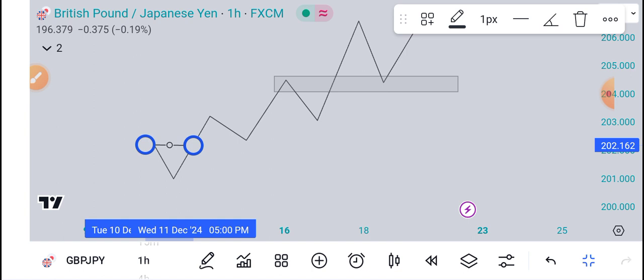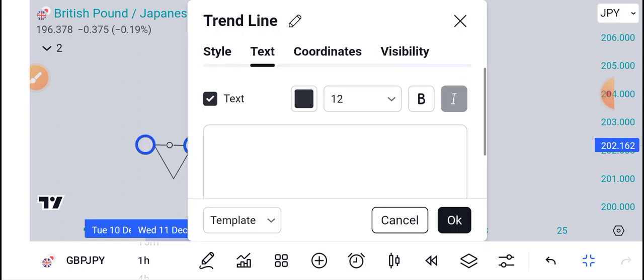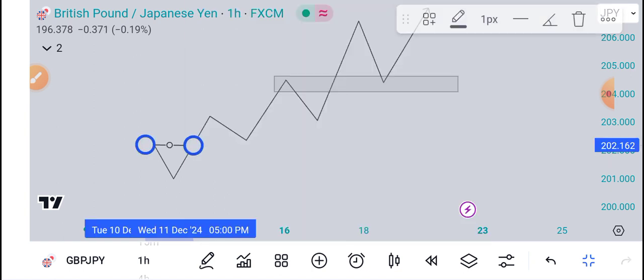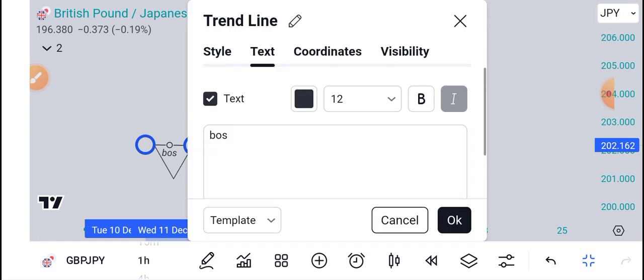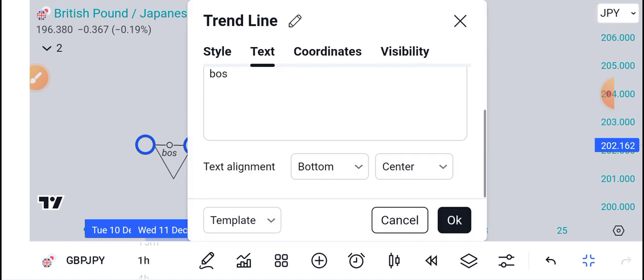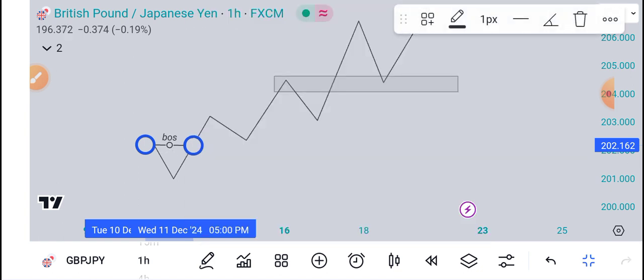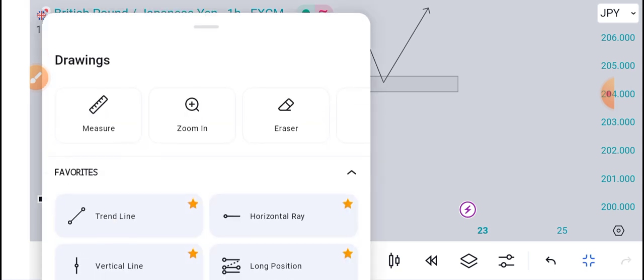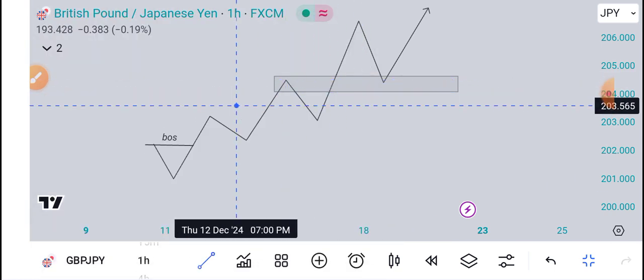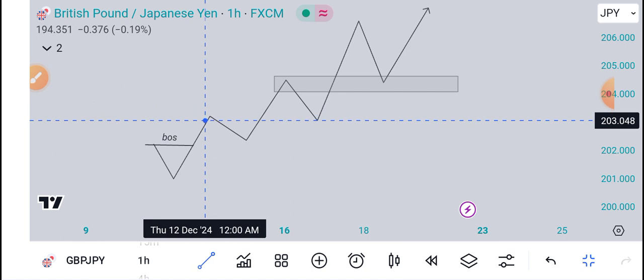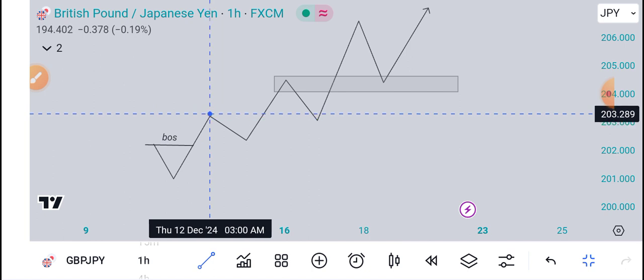You have the market taking out our highs. Right here again we had another break of structure to the upside. As you can see, this particular high was taken out.